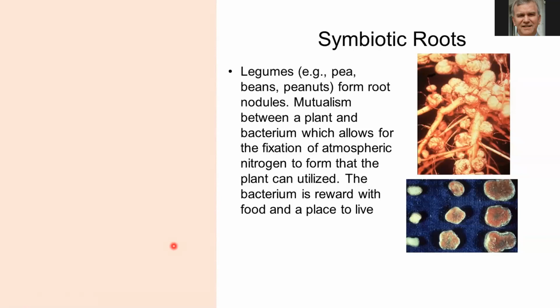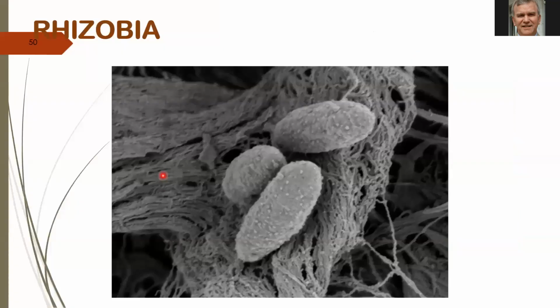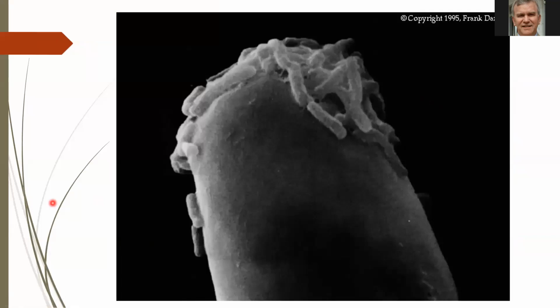Moving on to the next slide. This is a micrograph, very close up, of a rhizobia bacteria. This is an example of a bacteria that fixes nitrogen. Next slide. Here you see these rhizobia bacteria beginning to colonize the growing point of a root hair.